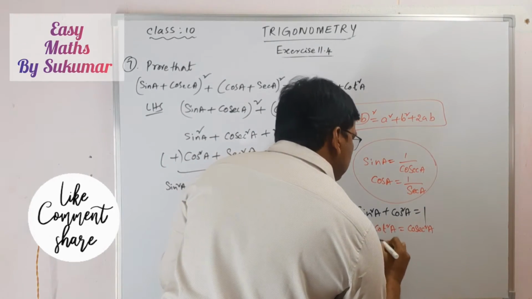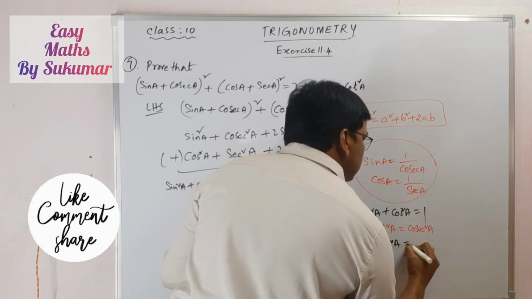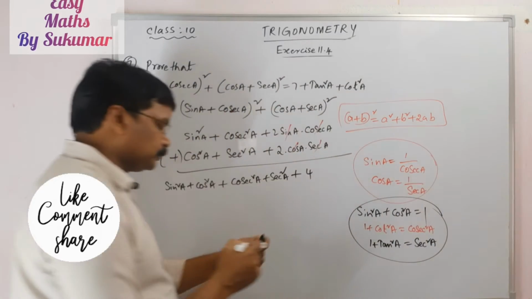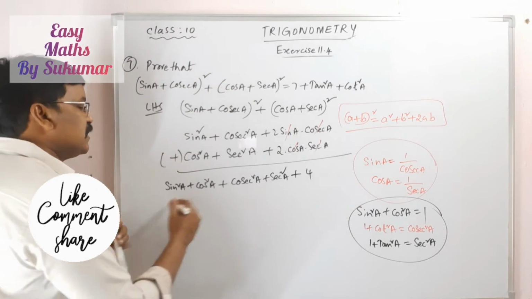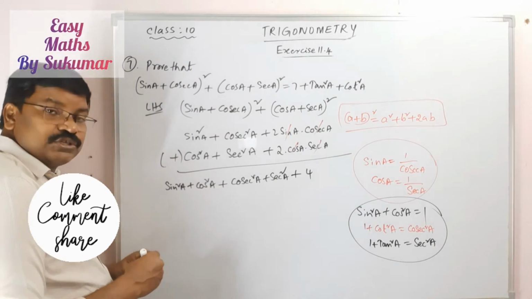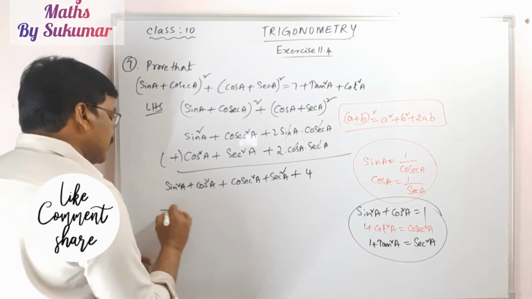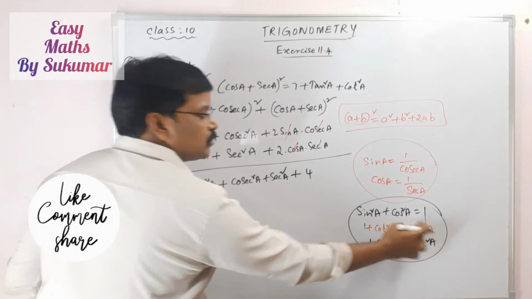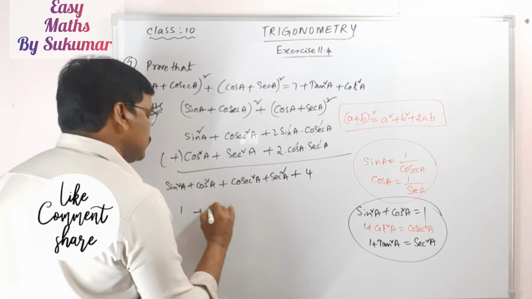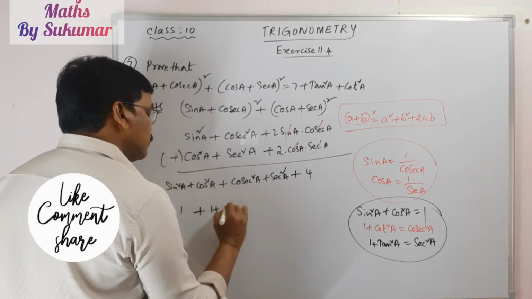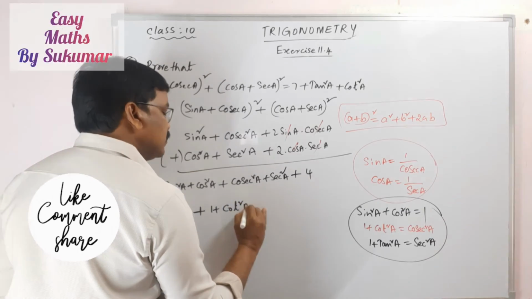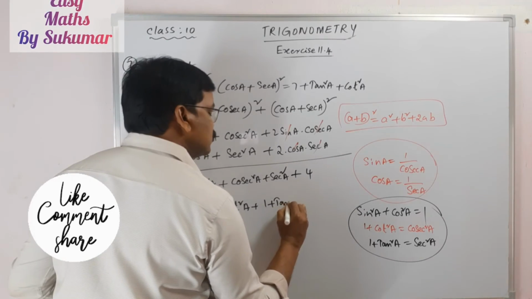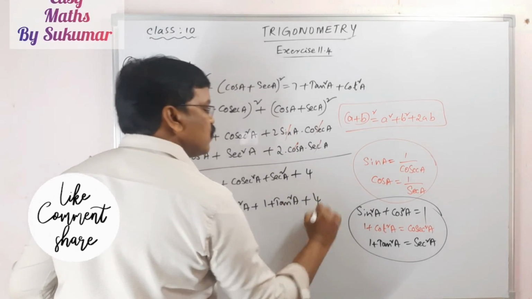So this 1 plus tan square A, it is equal to secant square A. So my dear students, here sin square A plus cos square A, instead of this, just I am writing 1, and this cosecant square A means here, look, 1 plus cot square A, and the secant square A means 1 plus tan square A plus 4 is there.